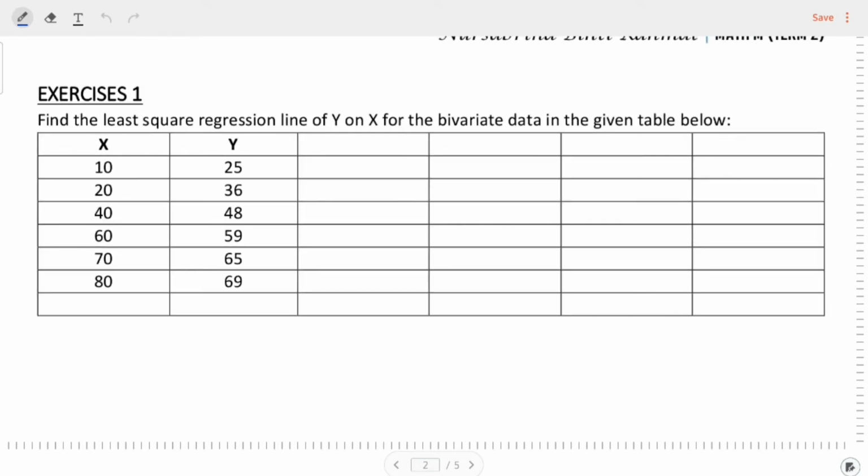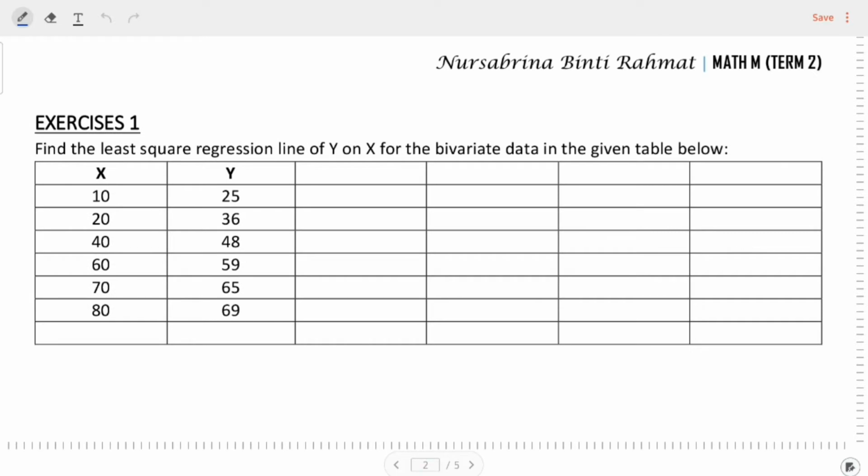Find the least square regression line of y on x for the data in the given table below. You'll usually be given data for x and data for y. As usual, you need to tabulate the data to find the constants.